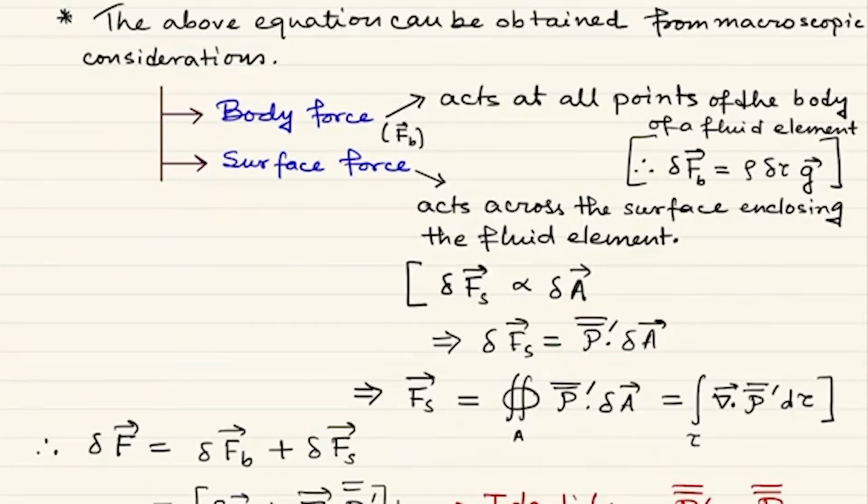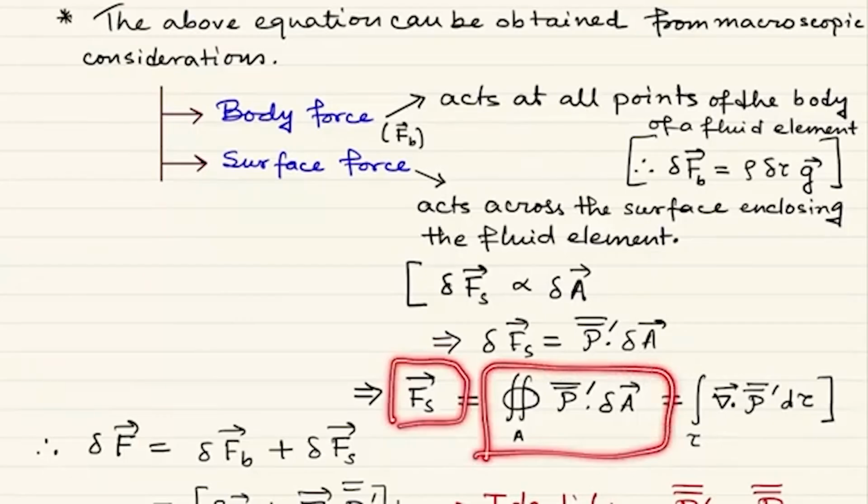That is the most general possibility, and that's what we are writing here. So delta F_s will be equal to some tensor of rank 2, P prime, contracted with delta A. That is an infinitesimal surface force. Now the total surface force will be a surface integral over the whole surface.